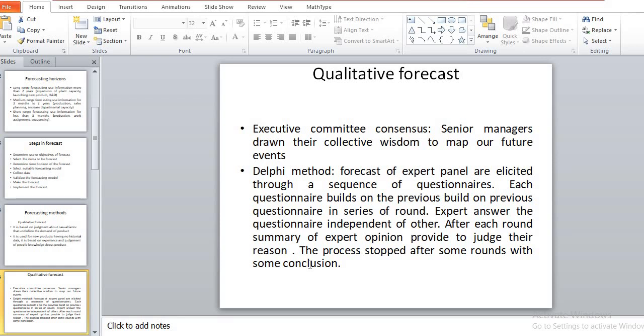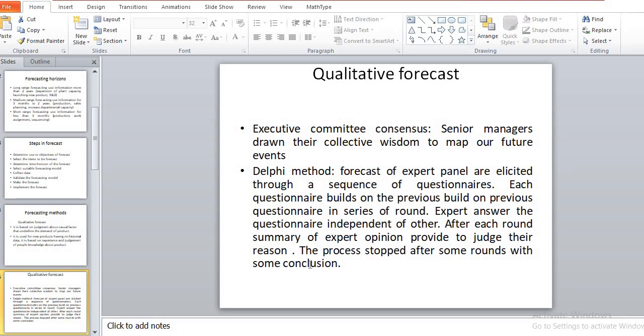This is the first round. After the first round, they move further to the second round questionnaire. Again expert opinions are considered, again put in front of the other experts, and again through discussion they reach a particular opinion.